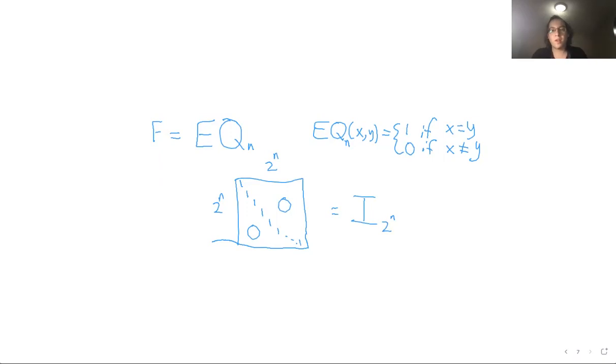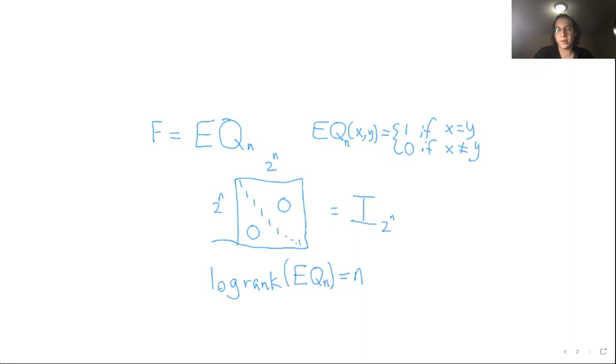Okay, now what is the rank of the identity matrix? So what is, rather, the log rank of equality? Well, this is exactly n, because the rank of the identity matrix is the dimension of the identity matrix, the size of the identity matrix, right? So it's 2 to the n here. So log of the rank of I of size 2 to the n is n. So log rank of equality is n.